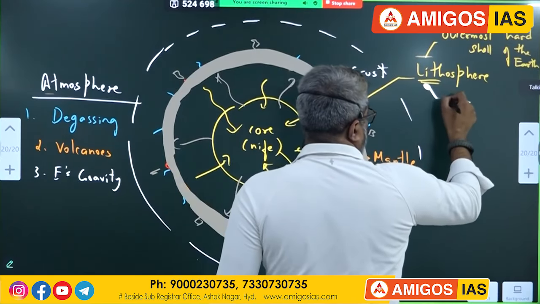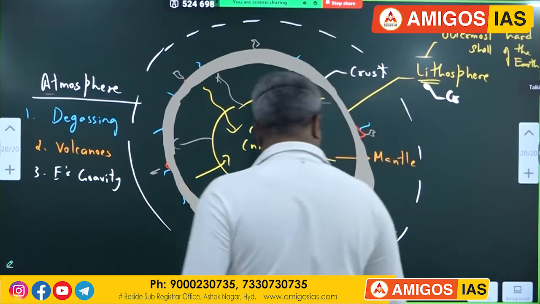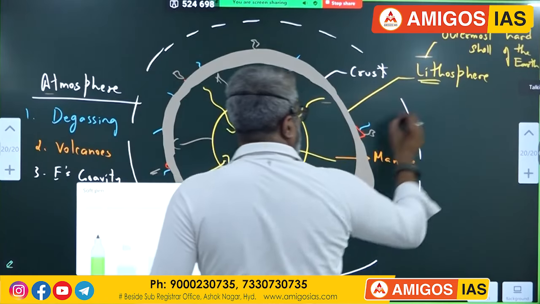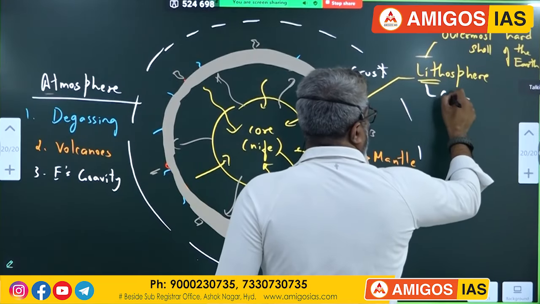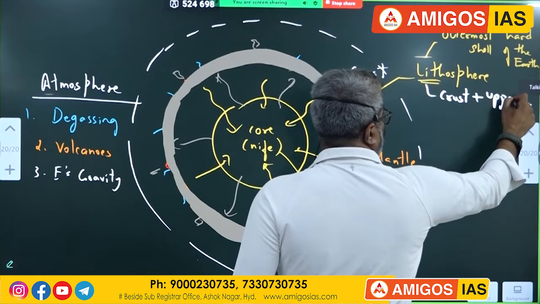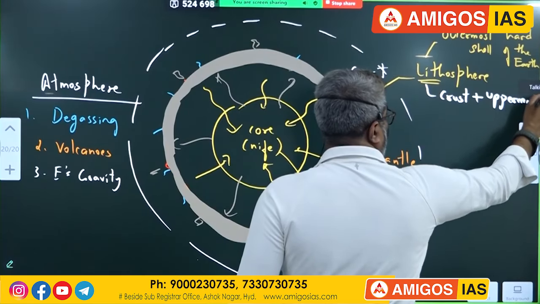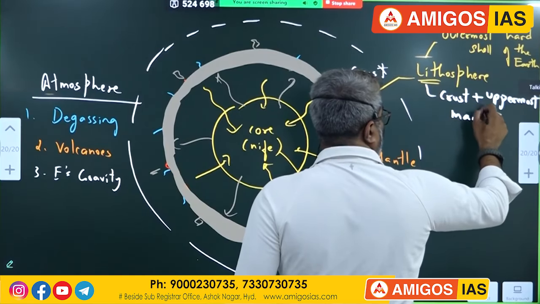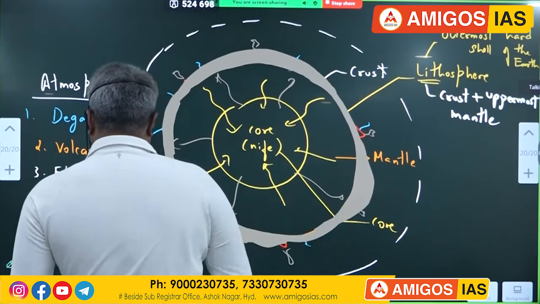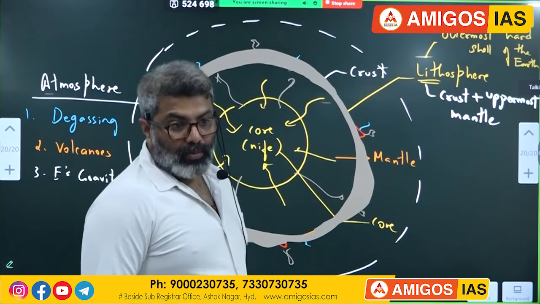So lithosphere is the outermost hard shell. It consists of, please write, crust and uppermost mantle.